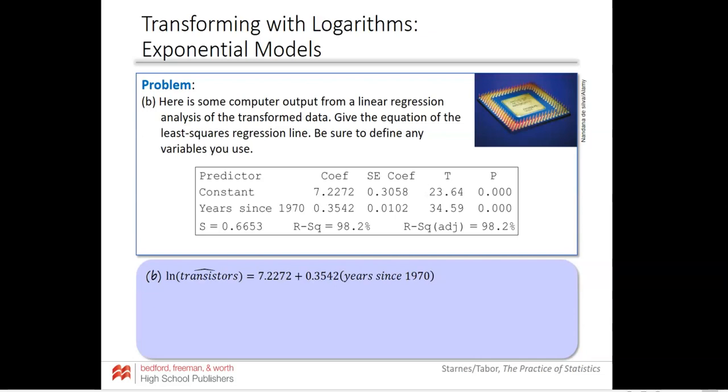But you can't forget that ln in the equation, because we did that before we took the regression. The x variable is just plain old years since 1970. Our constant is 7.22, that's our y-intercept, and the number below that is always the slope in Minitab, so that's 0.3542.